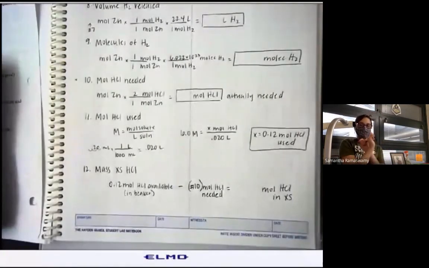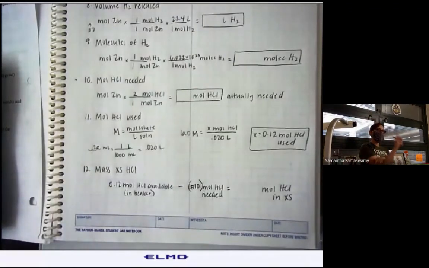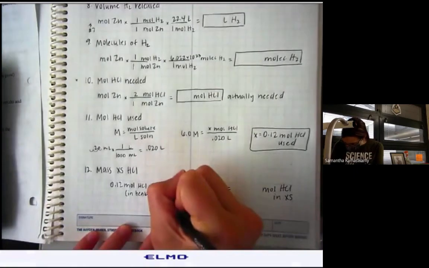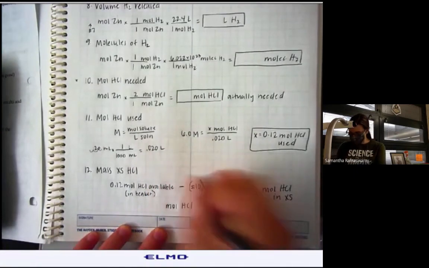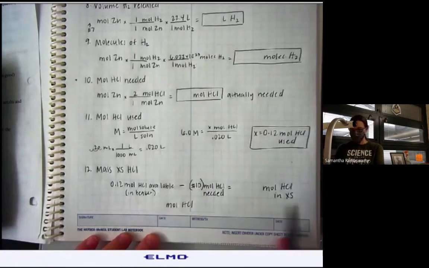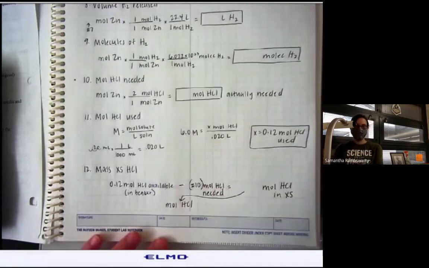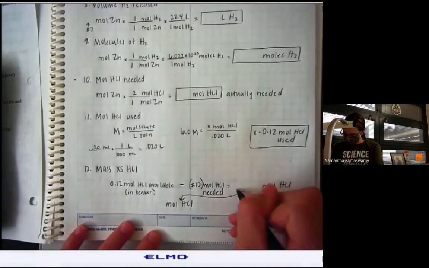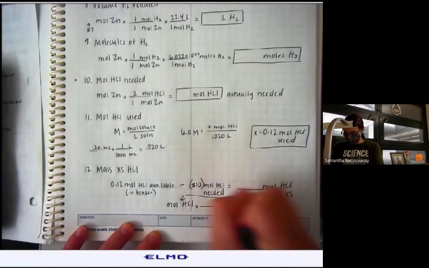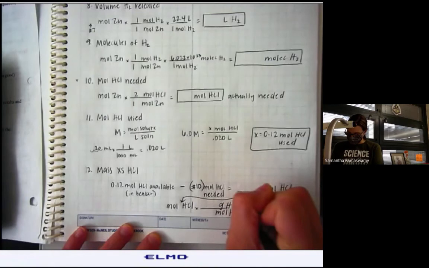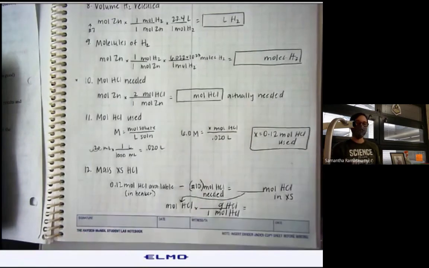So now, the problem didn't ask for moles, it asked for mass. So I'm going to go right down here. I'm going to take moles of HCl, that's this number right here. I'm taking this number, starting a new calculation with it. I don't want moles. I want to go to grams. You guys have already told me that to go between grams and moles, you need the molar mass from the periodic table.